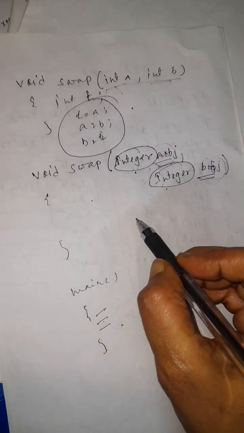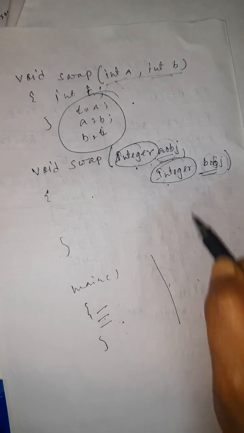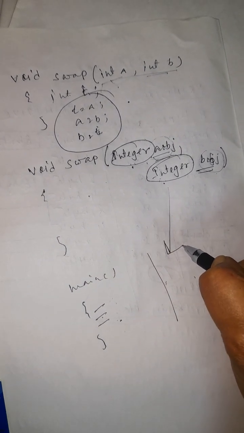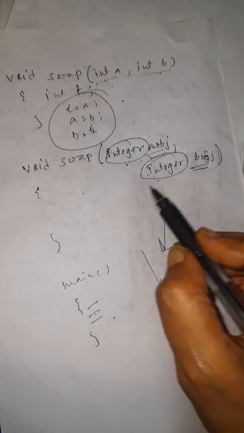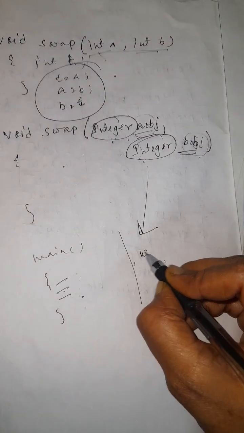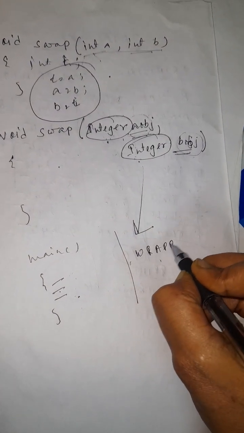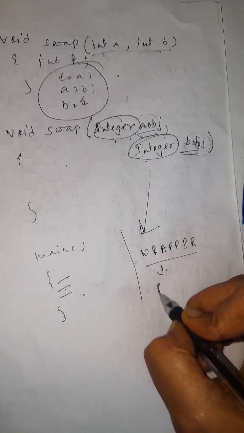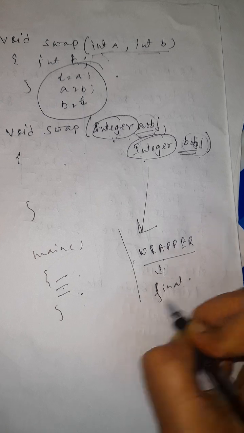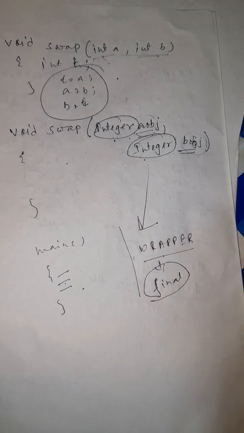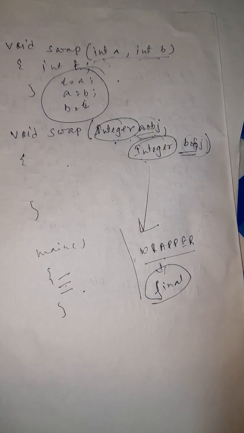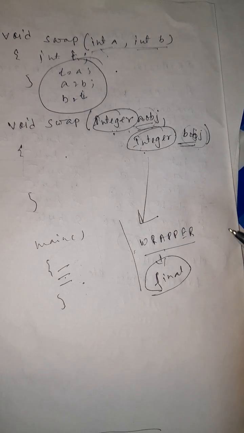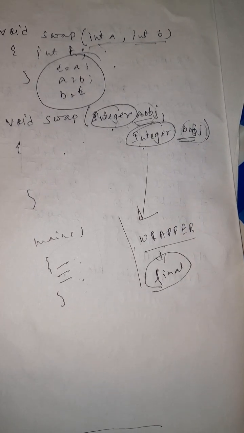No, those values also will not be changed, though I am passing the value as call by reference in Java. Why? Because the wrapper class is a very important part: all the values and the class are basically final. Wrapper class is basically final. So that's why the original value also will not be changed.